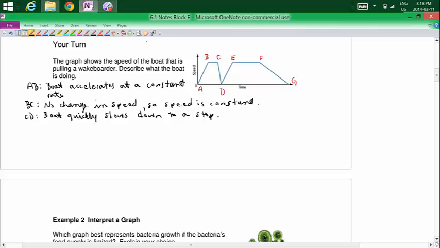Okay, so you can see that from C, we're at a higher speed, and then when we get back down to our x-axis here, we have a speed of 0, right?